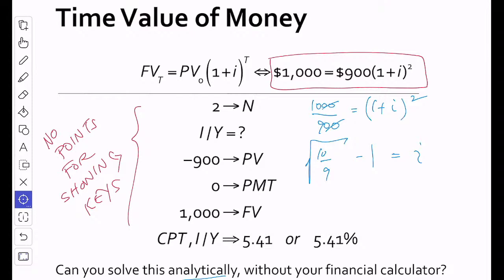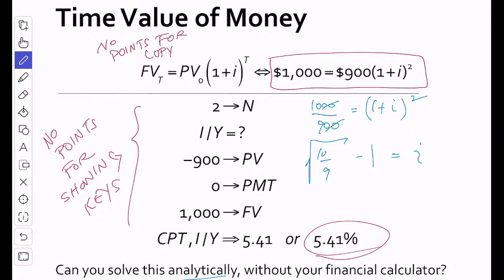They can read their own work. I want to see that and the final answer. Really, that's all I need to see. I need to see the formula with the numbers inside. You will not get points for just the formula.